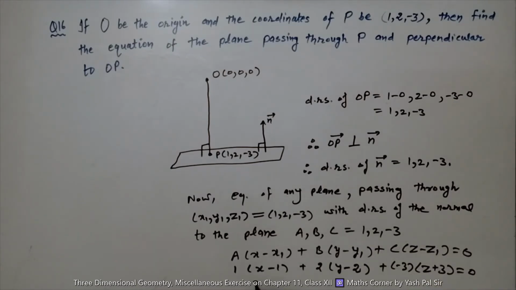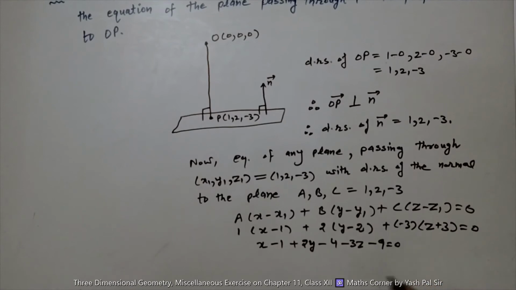So this becomes x minus 1 plus 2y minus 4 minus 3z minus 9 equal to 0. Finally we have x plus 2y minus 3z minus 14 equal to 0.